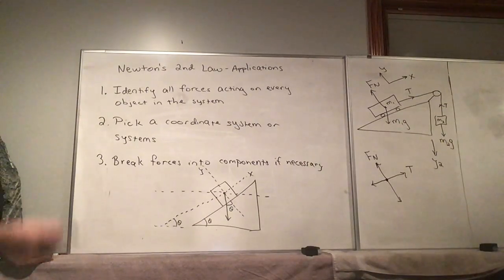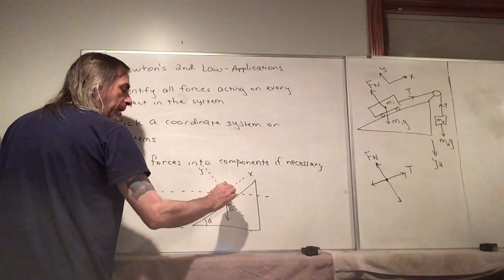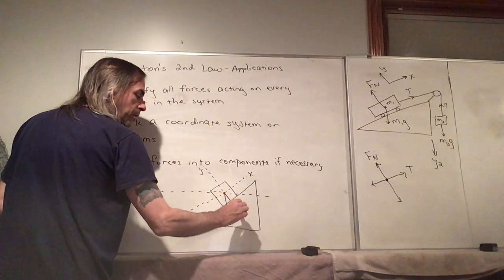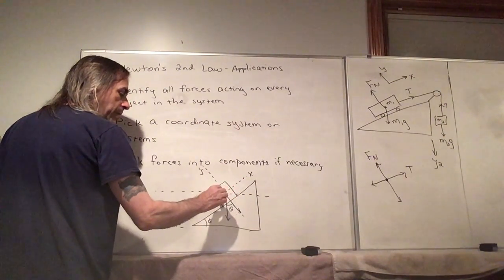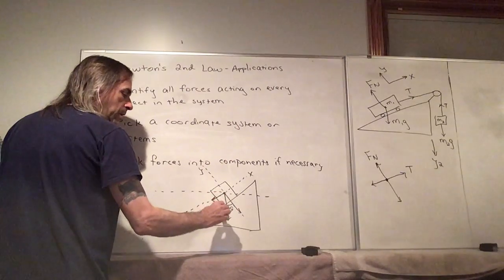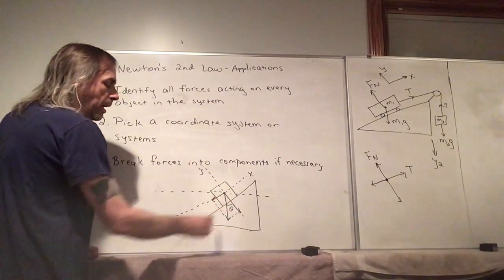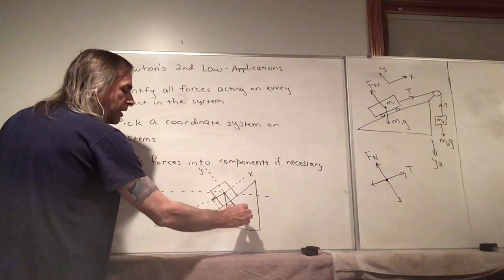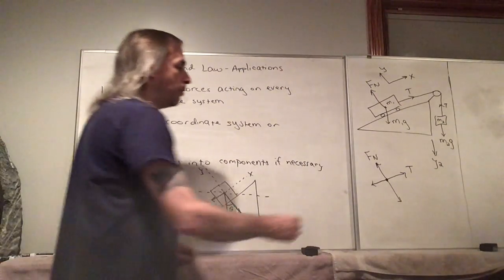So again, we'll review this in class when you have a chance to ask questions. This is a frequent source of confusion. So here we have gravity straight down. We're breaking it into a component in the y direction, and one in the x direction. So a parallelogram here. And so this one in the y direction is adjacent to the angle.